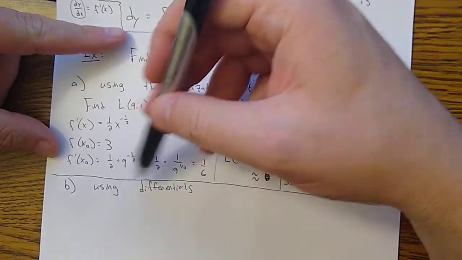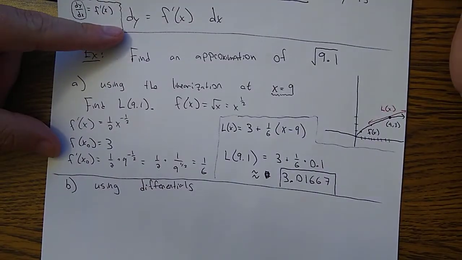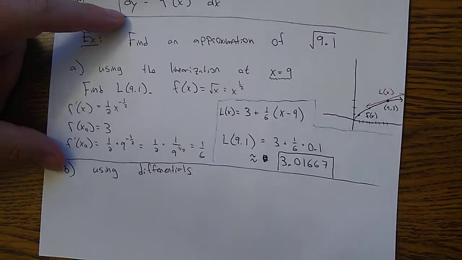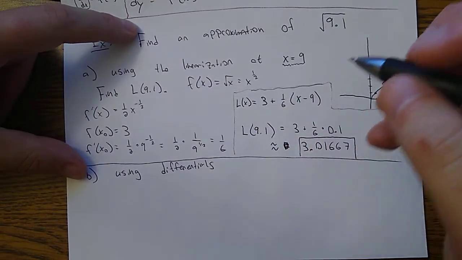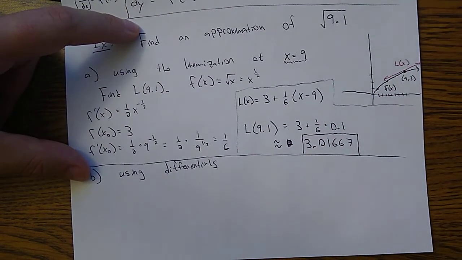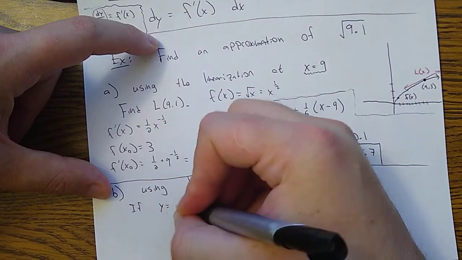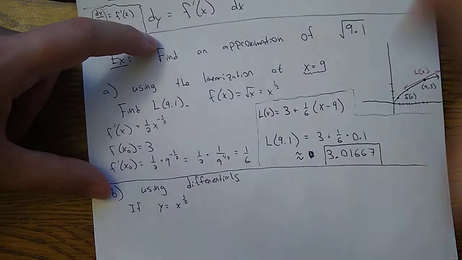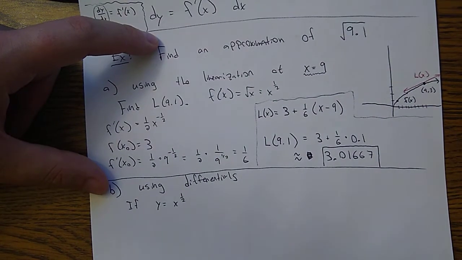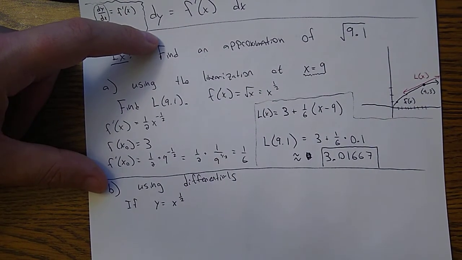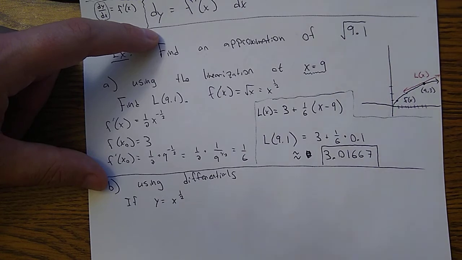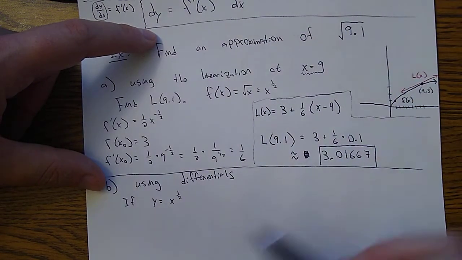Let's see how we can use differentials to do the same thing. And maybe this will give you an idea of what differentials are good for. We're kind of going to repeat the same work. It's going to look different, but it's fundamentally a repetition of what we already did.